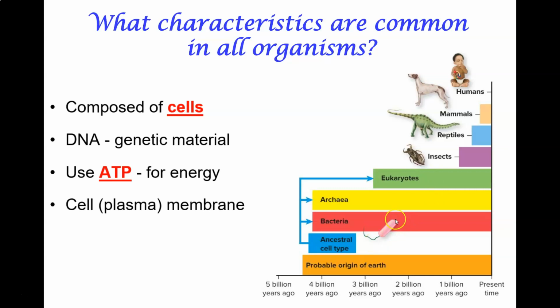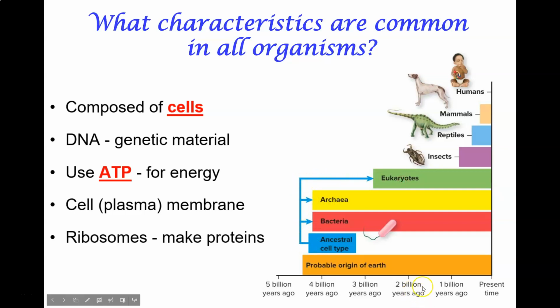And all cells also have a plasma membrane. And inside the cells are organelles called ribosomes that make proteins. So all of these characteristics are present from the very ancestral type of single-celled organism, and it has been passed on to the different groups of organisms that are present until this time.